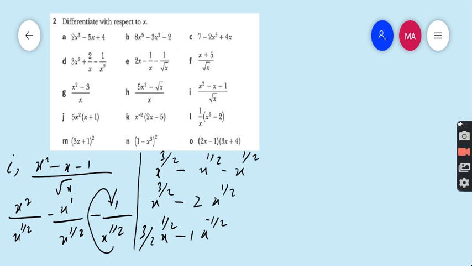So yes, 1 upon 2, x to the power 1 upon 2, 1 minus 1 upon 2.